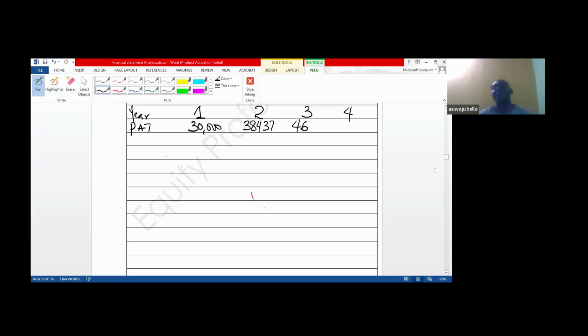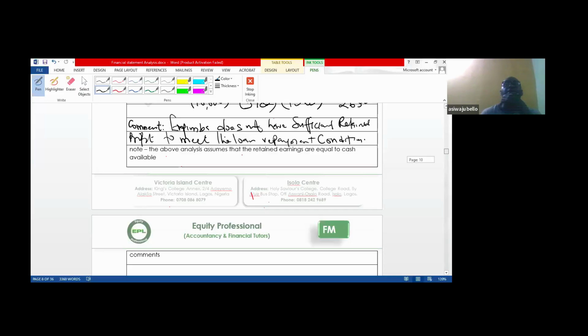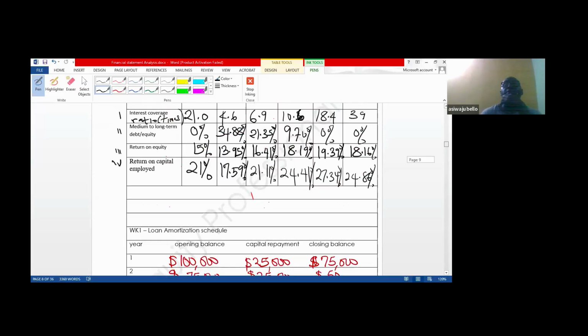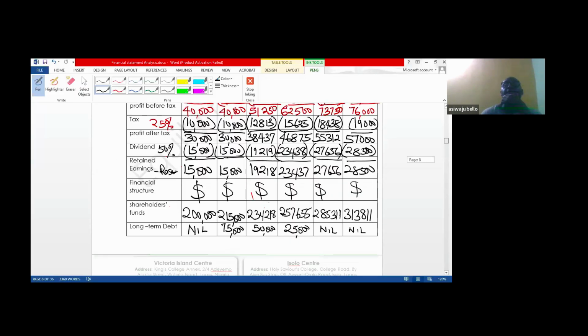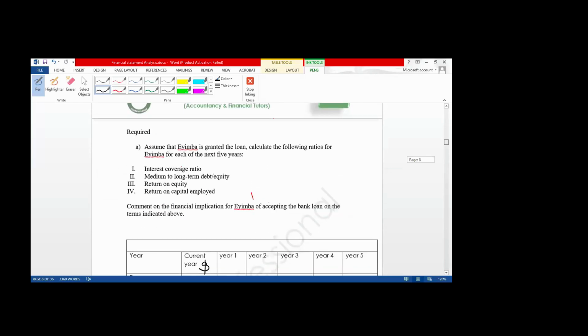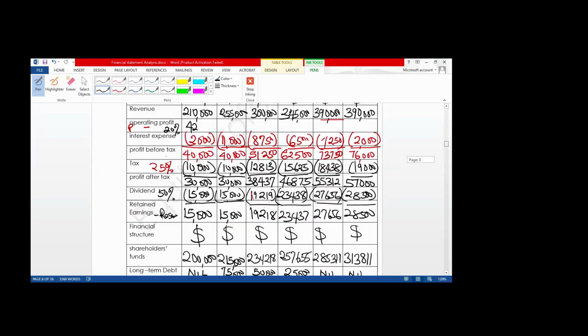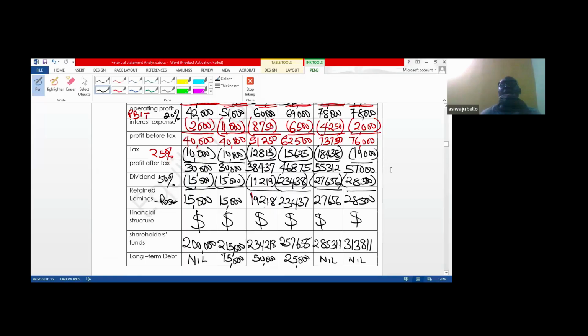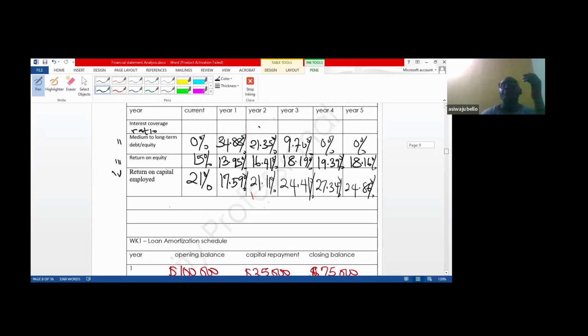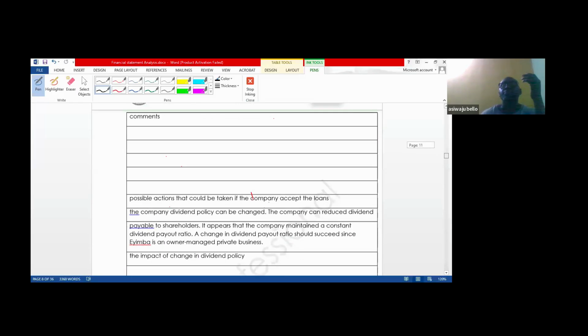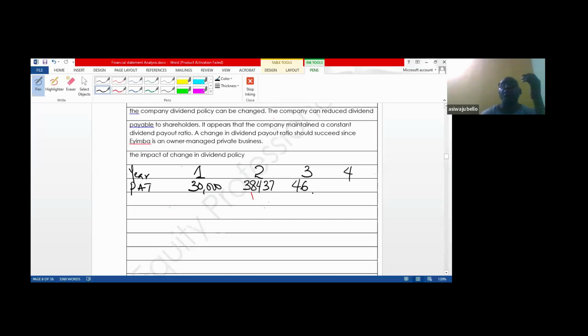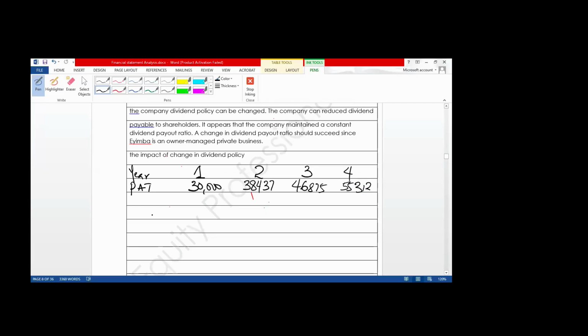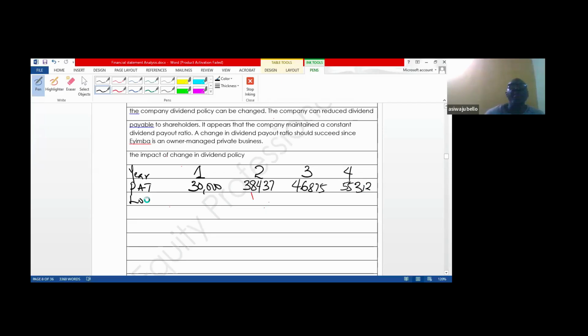I can't remember the figure again. 46,875. Then year 4, 55,312. I will now pay loan repayment first.